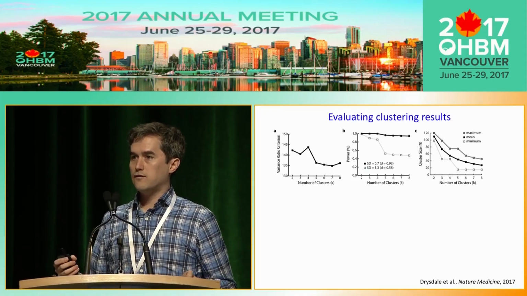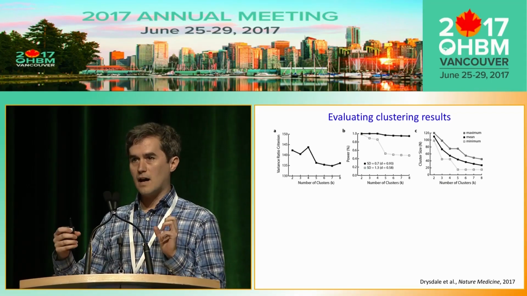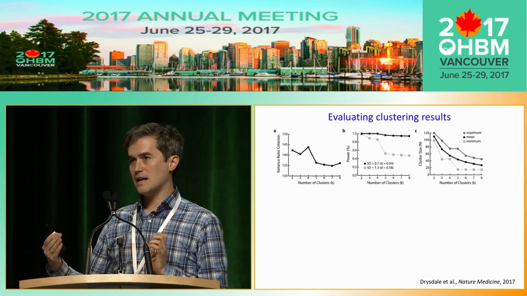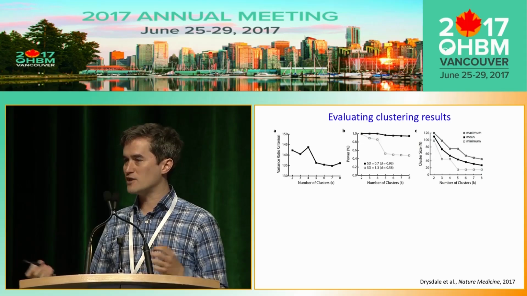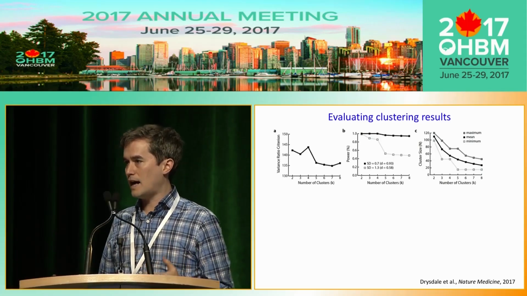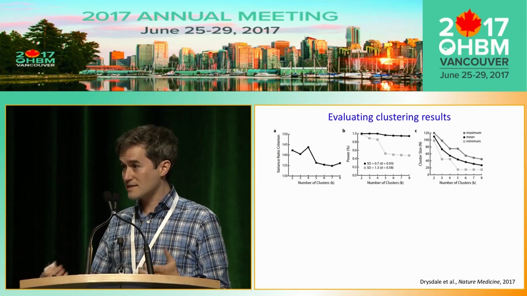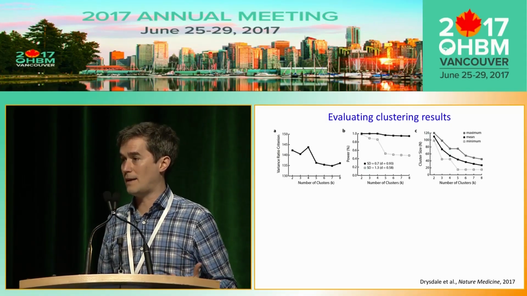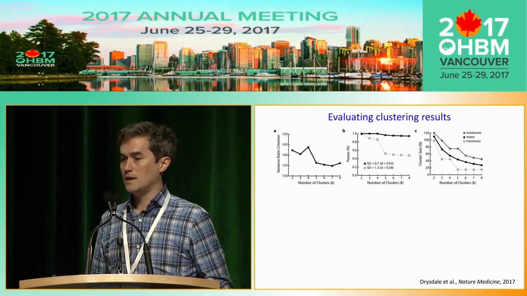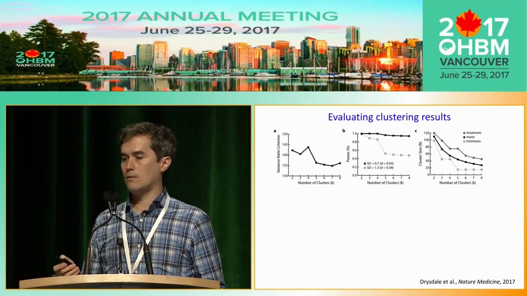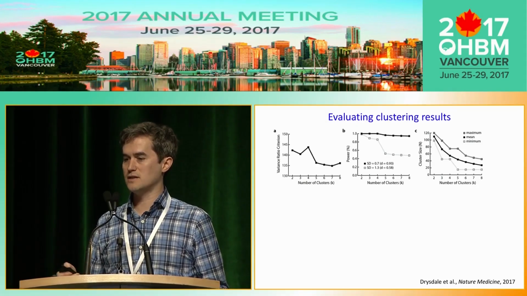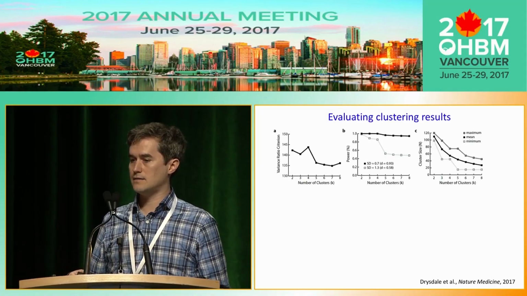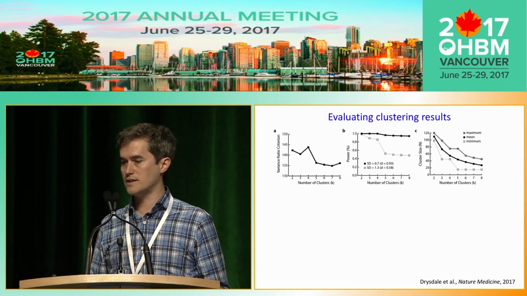So if a 5th or a 6th cluster results in a sample size within that cluster of 5 or 6 people, that's probably not a useful clustering solution to us, although it may be biologically or clinically interesting. We just can't learn anything about it with such a tiny sample in the data that we have. So we looked at how different clustering solutions varied in terms of our statistical power to test for differences and in terms of cluster size.